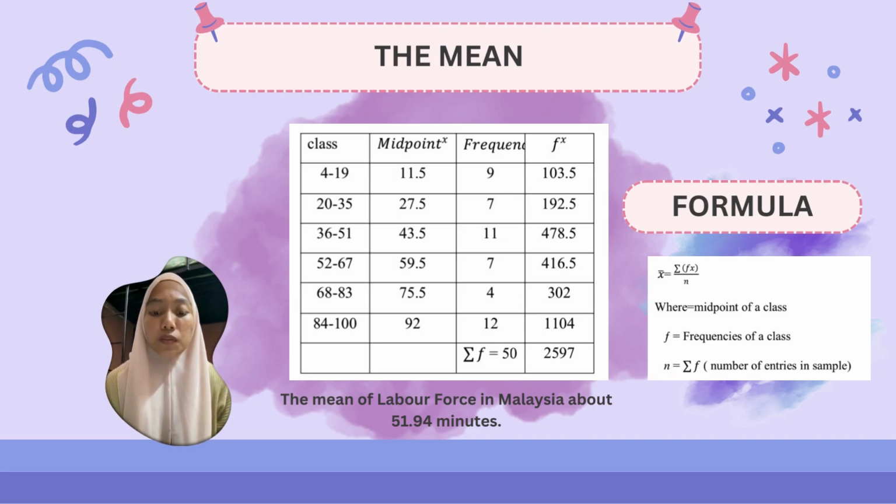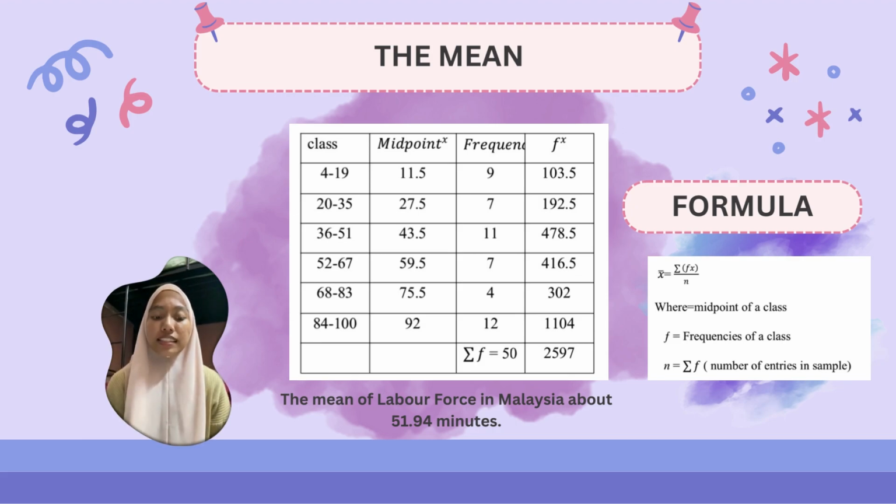It is the most popular measure of central tendency because the calculation uses all of the data values, and therefore it is truly representative of the whole set.